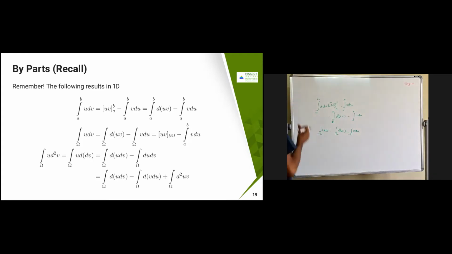Now suppose you have u d squared v over omega.